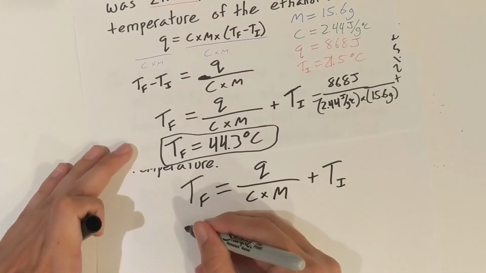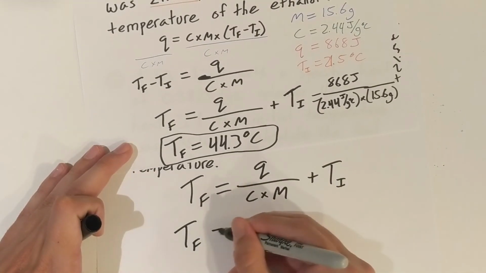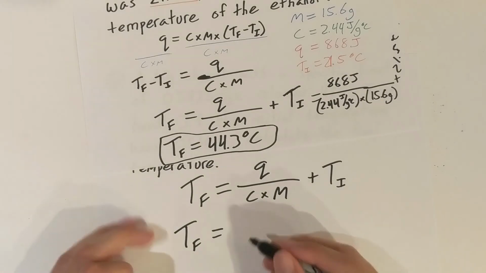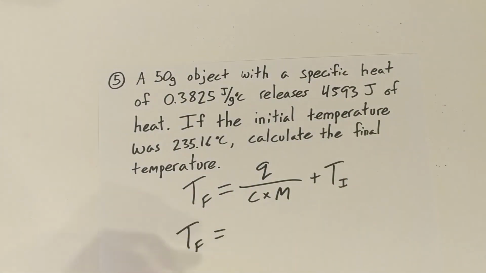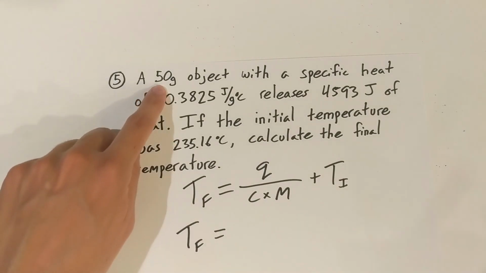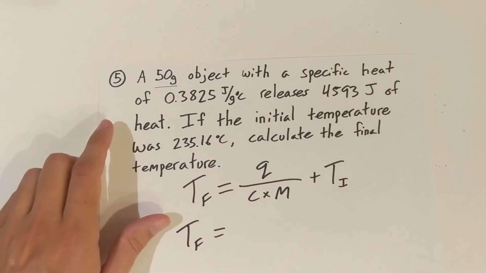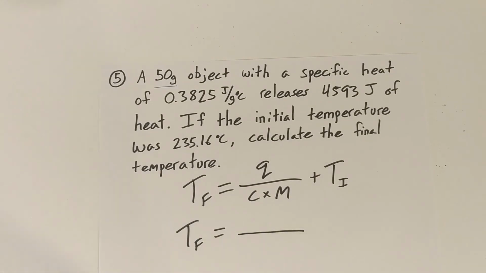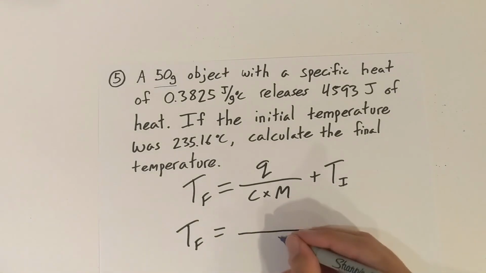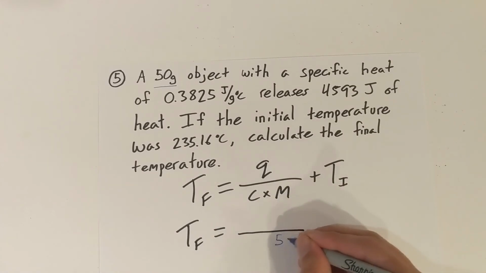And you know what? We could just plug everything right in as we read through it. First we're starting with mass. 50 grams of an object. So we're going to throw 50 grams right where mass goes.